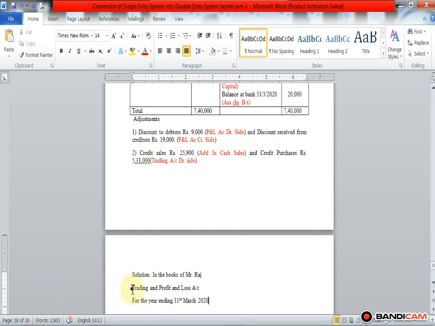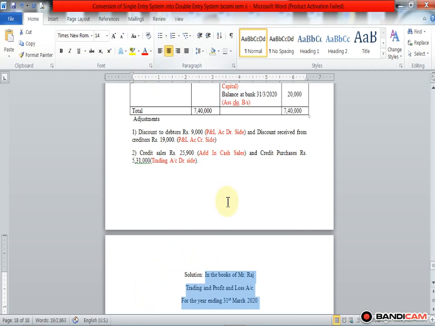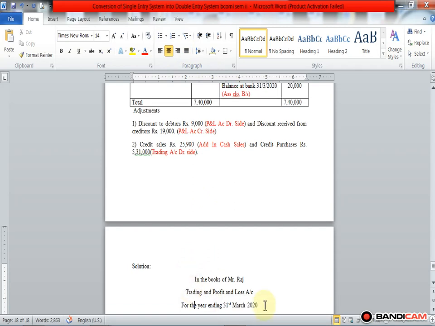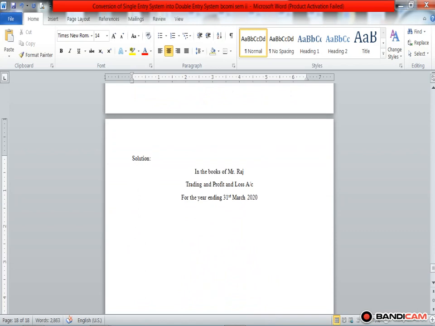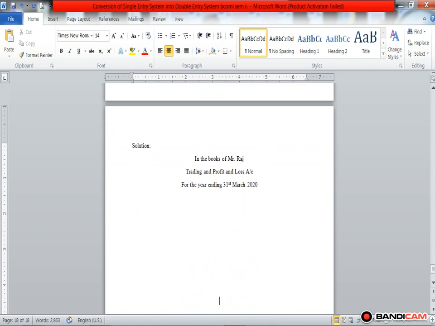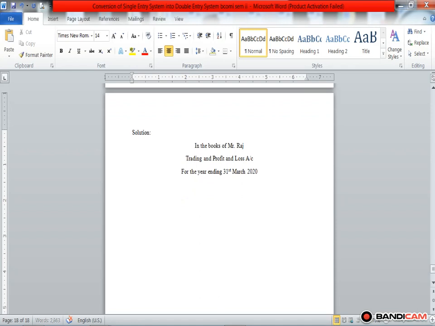Here we prepare ledger accounts of profit and loss account and trading account. No need to make a separate trading and profit and loss account. We prepare both accounts in one statement.